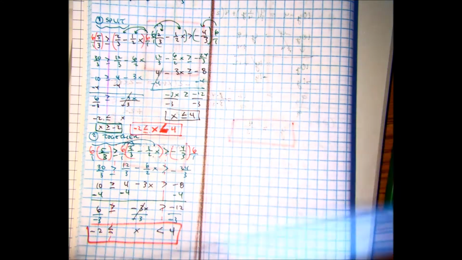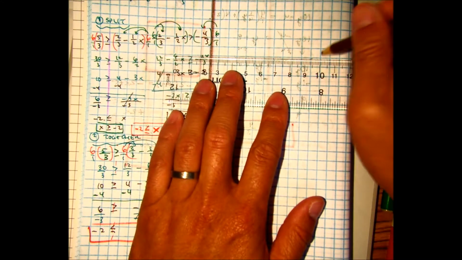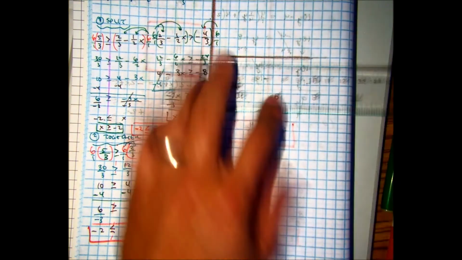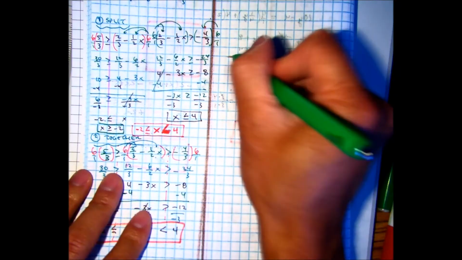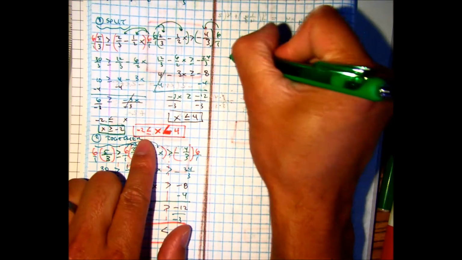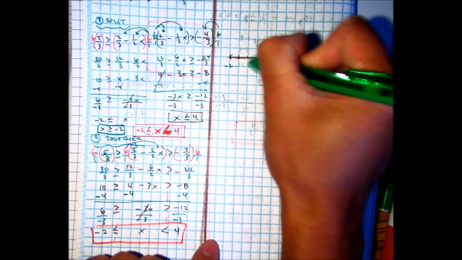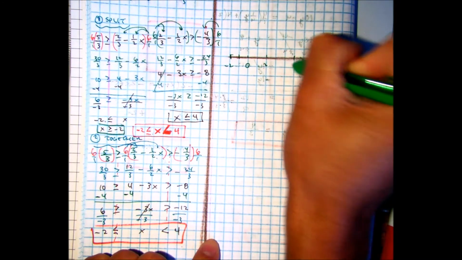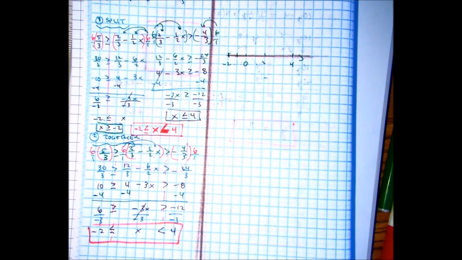Let's graph this really quickly. So I have negative 2, negative 1, 0, 2, 4. Now pay attention.